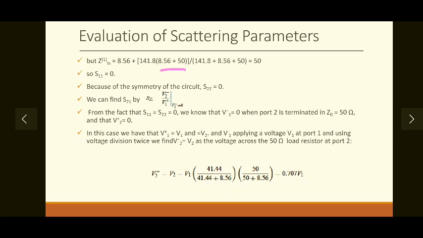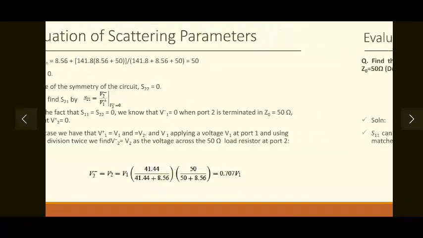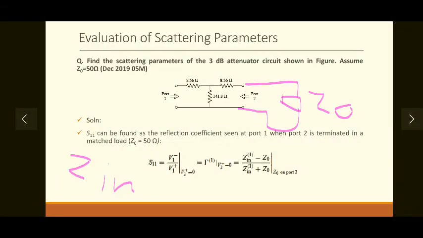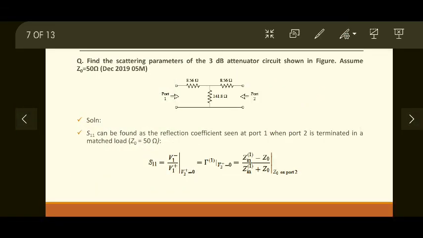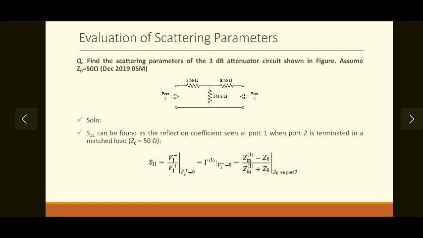So that proves that we have a matched network, and that's why for a perfectly matched network S11 will be 0, because the formula for S11, which we saw in the previous slide, is Zin minus Z0 upon Zin plus Z0. So 50 minus 50 upon 50 plus 50, that is 0 upon 100, that is 0.